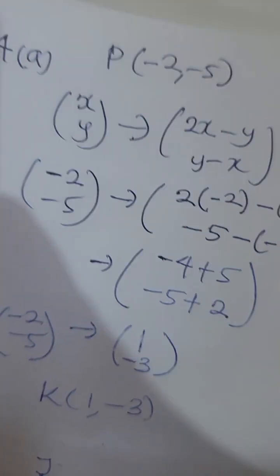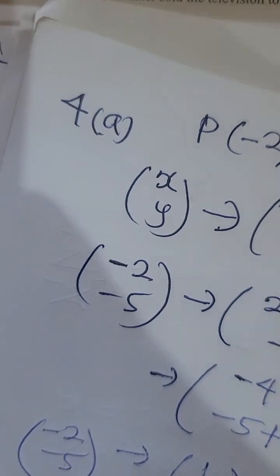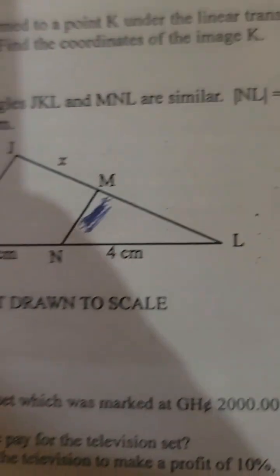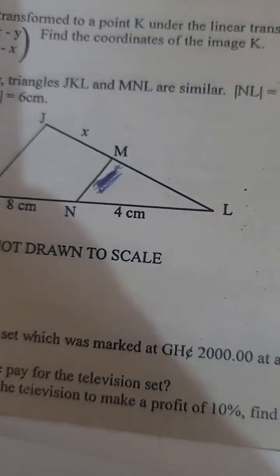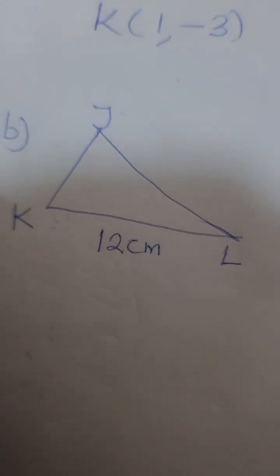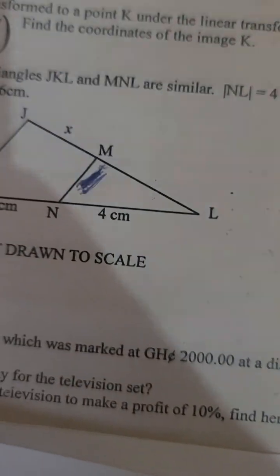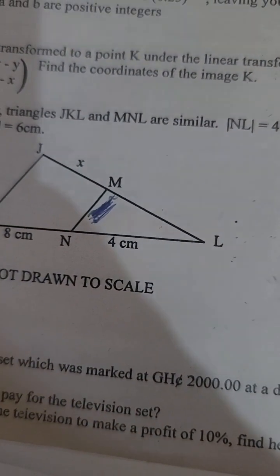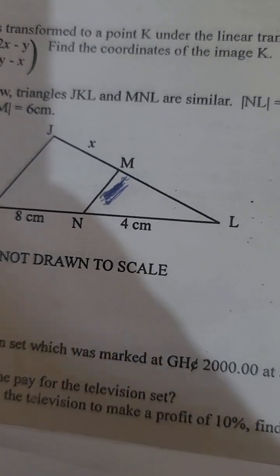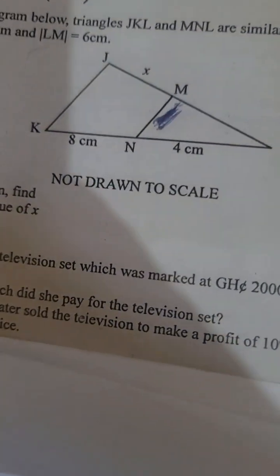So now we are asked to find X. What is the X? That is JM. Now JL is what we have in the second diagram, and that's a combination of JM and then ML. ML is 6 and JM is X, so that becomes X plus 6 centimeters.